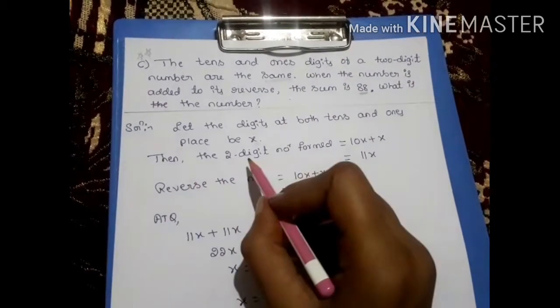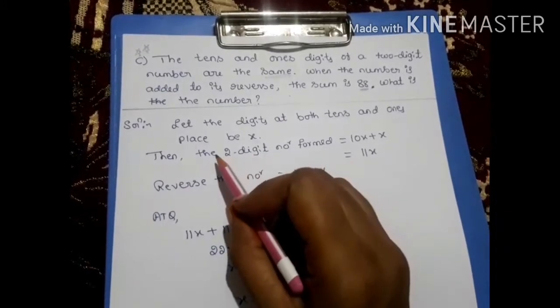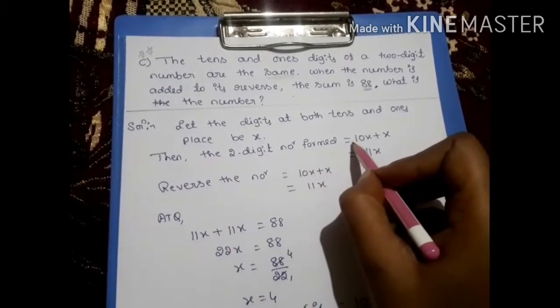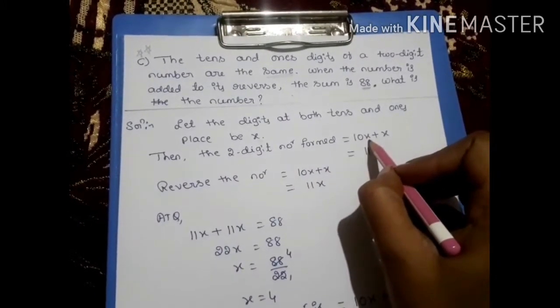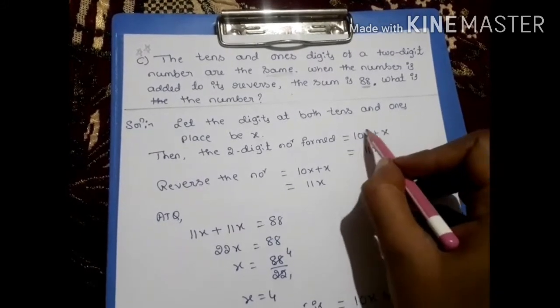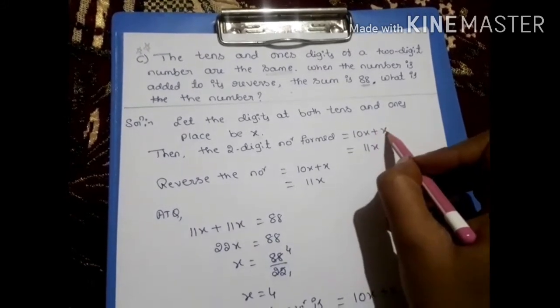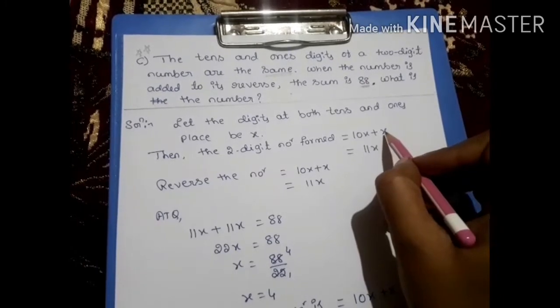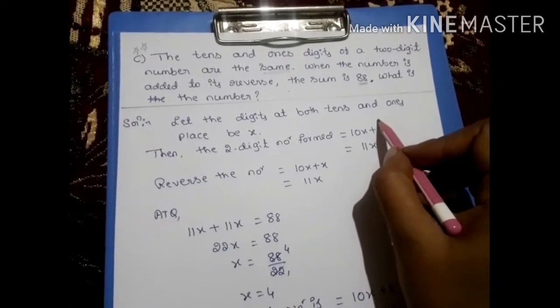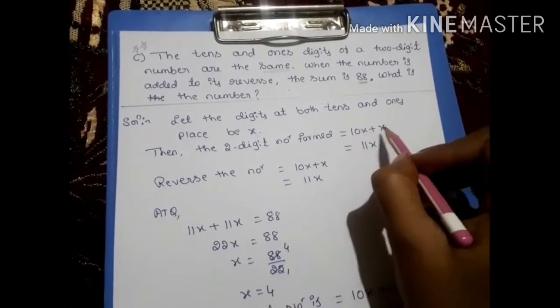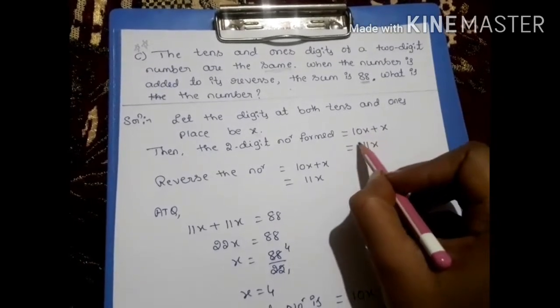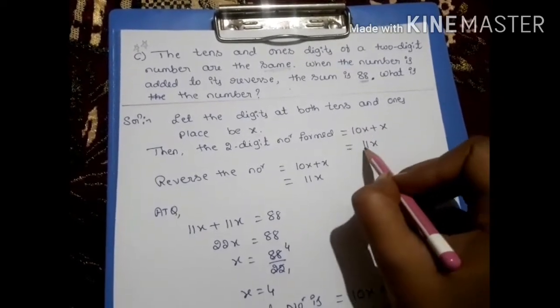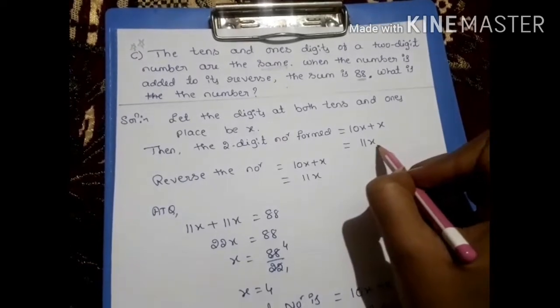Then now you can frame the two digit number. The two digit number formed is equal to 10 into x plus, as it is in the tens place, plus 1 into x. 1 into x will give x only, because it is in the ones place. Okay, 10x plus x will become the two digit number. 10x plus x, 11x. Okay, this is the number.